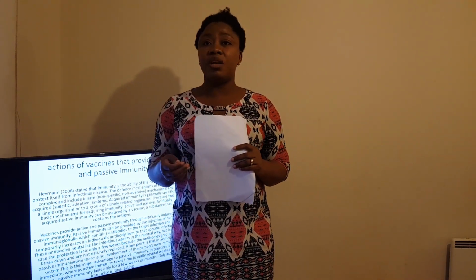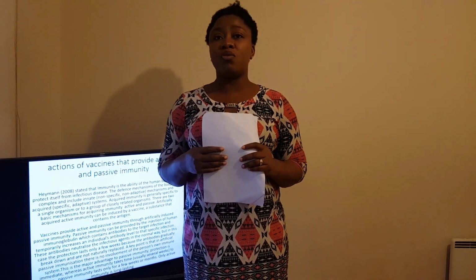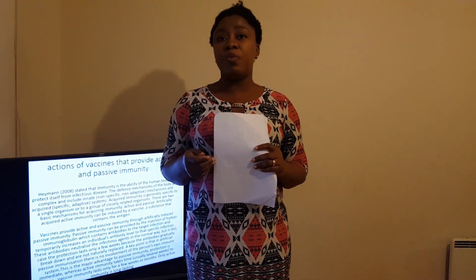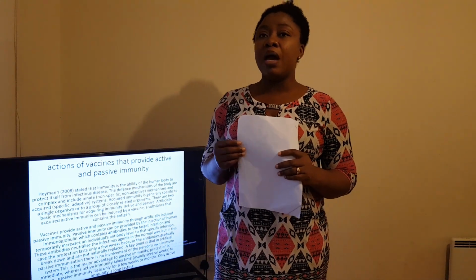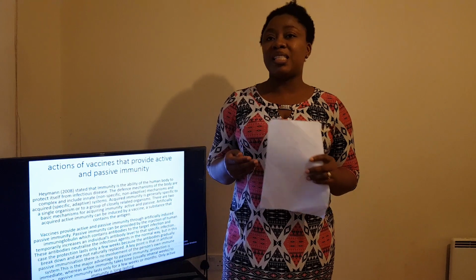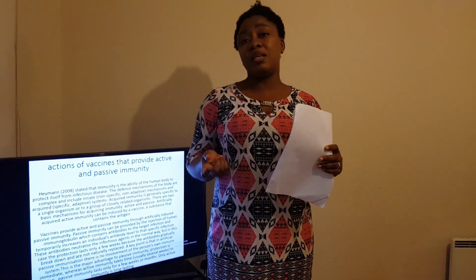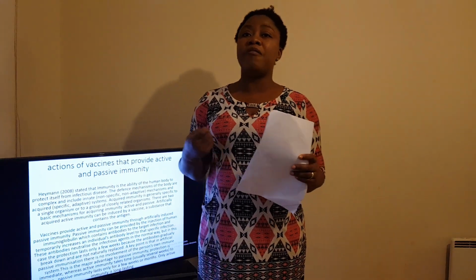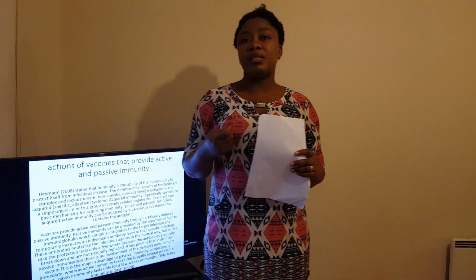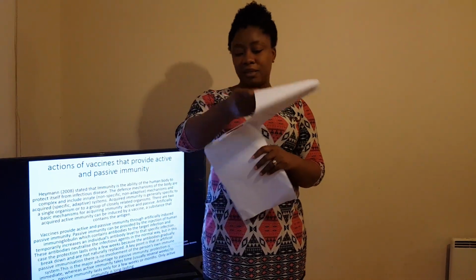Acquired immunity is generally specific to a single organism or to a group of closely related organisms. There are two basic mechanisms for acquiring immunity: active and passive. Artificially acquired active immunity can be induced by a vaccine, a substance that contains the antigen.